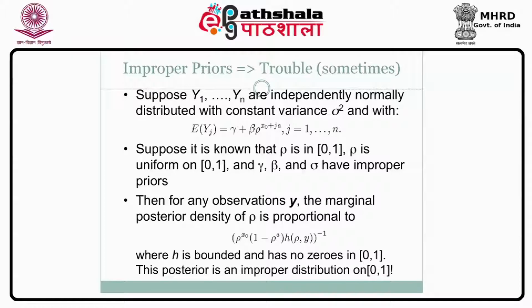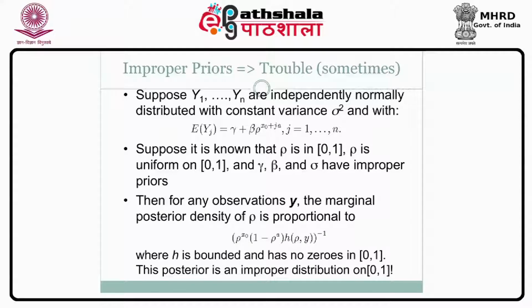Beta is a scale parameter, so it should be proportional to 1 over beta or something like that. Then for any observation y, I mean a particular set of observations, so y is a vector, the marginal posterior density of rho is proportional to this thing, where h is a bounded function and has no zeros in (0, 1). This posterior still has an improper distribution on (0, 1).